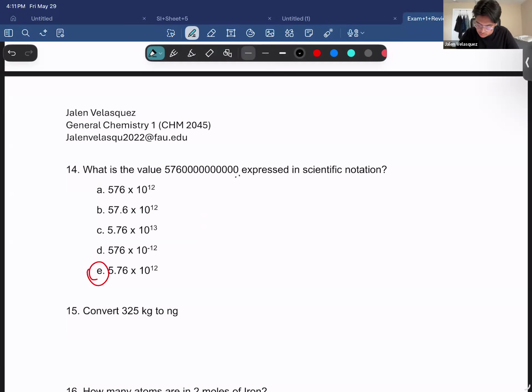You jump your spaces and you count to 12. So 5.76 times 10 to the positive 12. Any questions with scientific notation there?